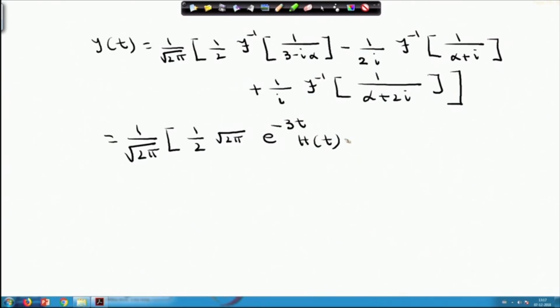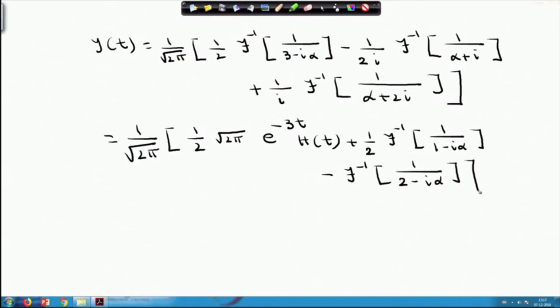Plus half into the Fourier inverse of 1 by (1 minus i alpha), in this form because I know the form a minus i alpha, and similarly plus 1 by i if I take it common, the Fourier inverse of this we can write as i², so 2 minus i alpha.